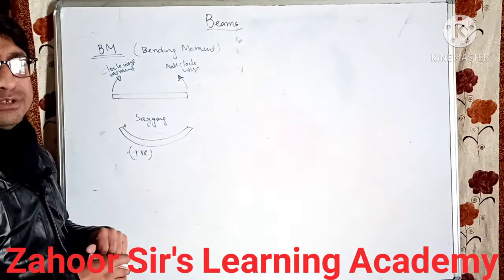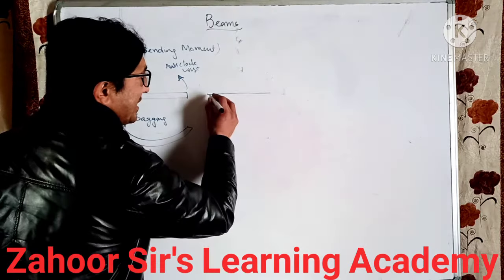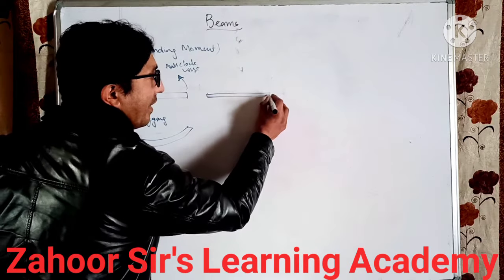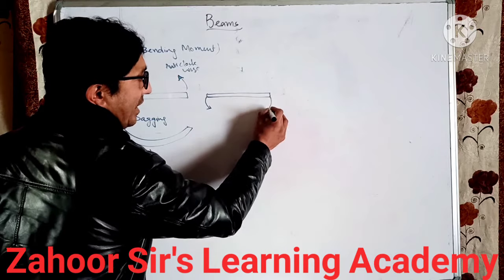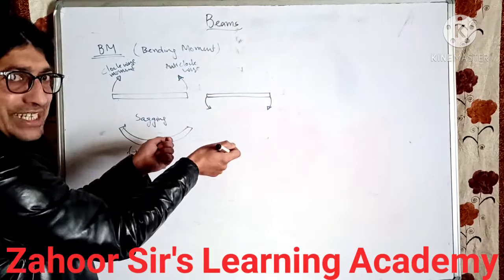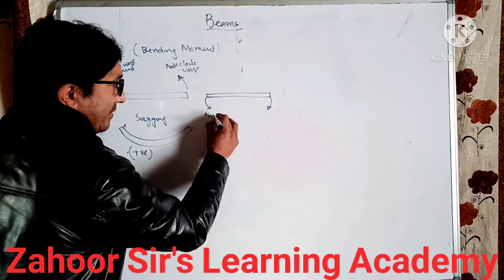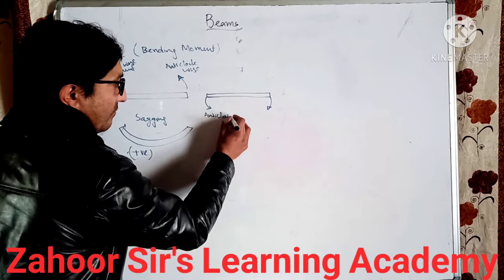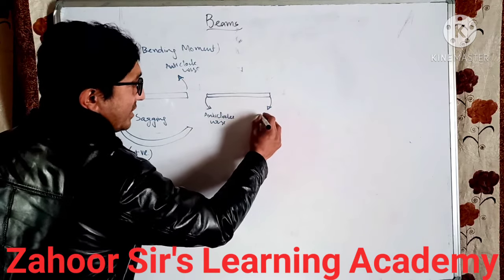And the opposite could be, again here, the beam is like this. Now a movement comes like this and like this. This one is anti-clockwise and this is clockwise.